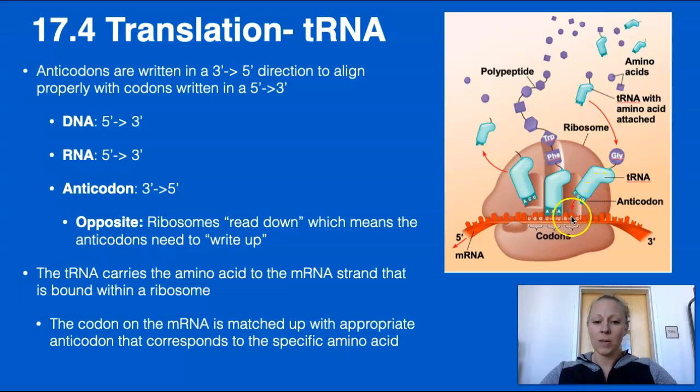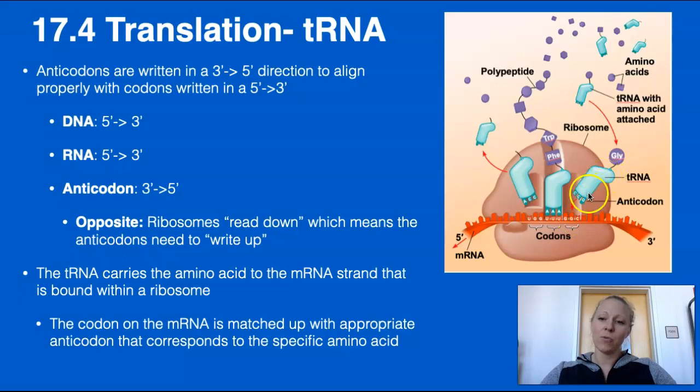The codon on the mRNA strand is going to complementary base pair to a very specific anticodon, and that's going to indicate which tRNA with which amino acid is allowed to attach onto this mRNA strand.